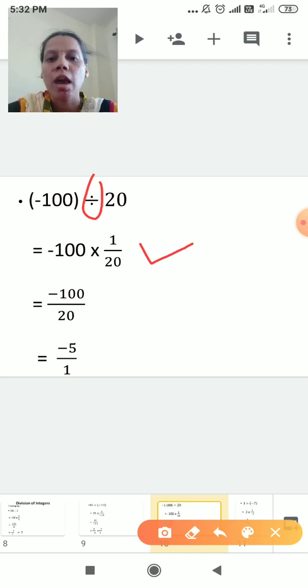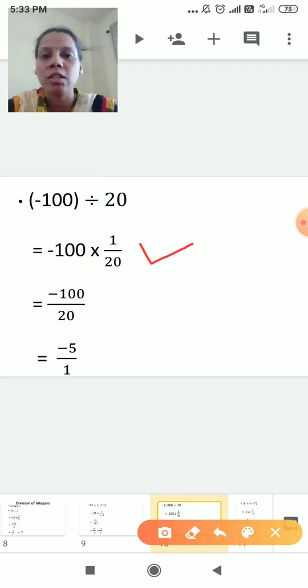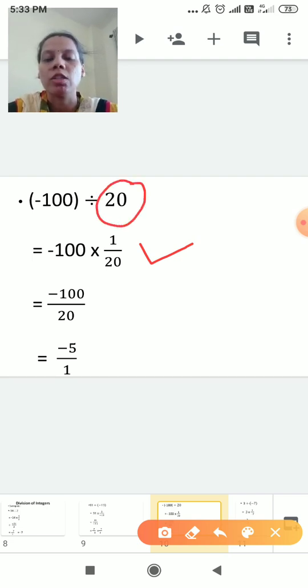Multiplication. And as we are writing the multiplication sign here, we will write down the multiplicative inverse of the second integer, that is 20. So what is the multiplicative inverse of 20? 1 upon 20. Correct. So the first step is minus 100 multiply by 1 upon 20.